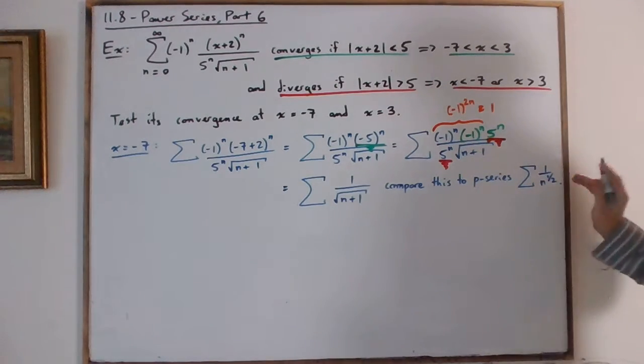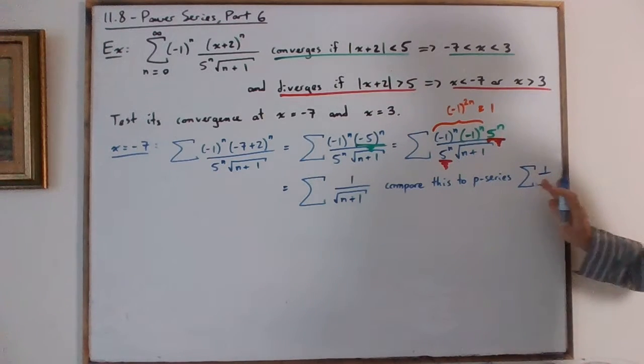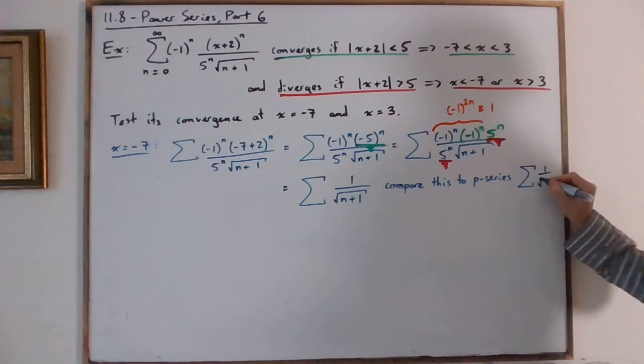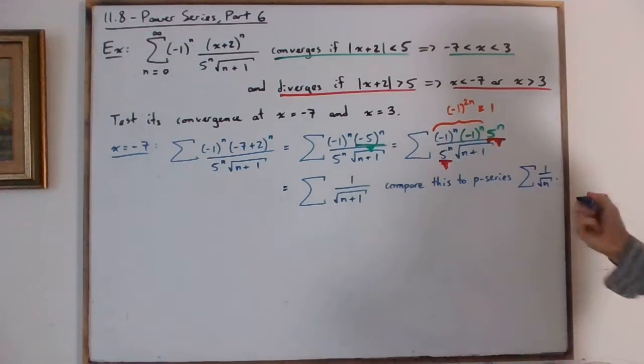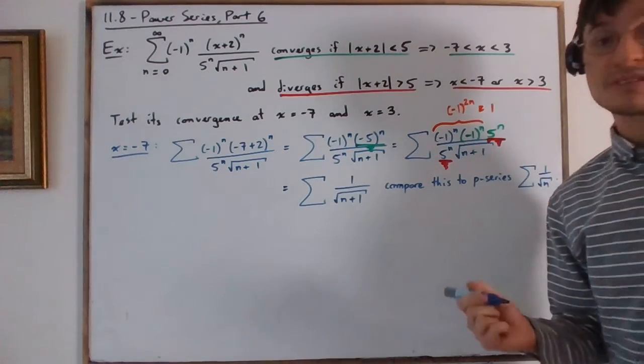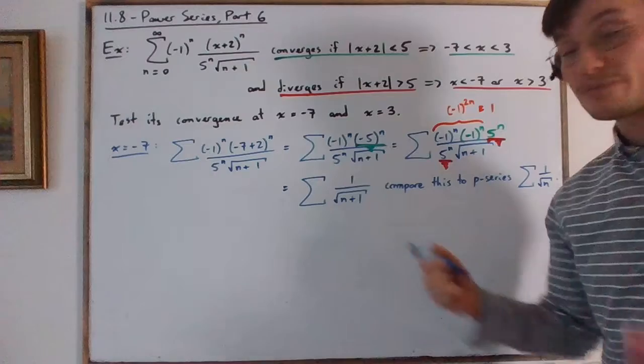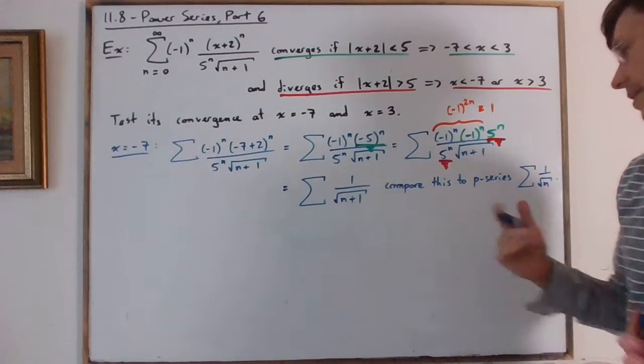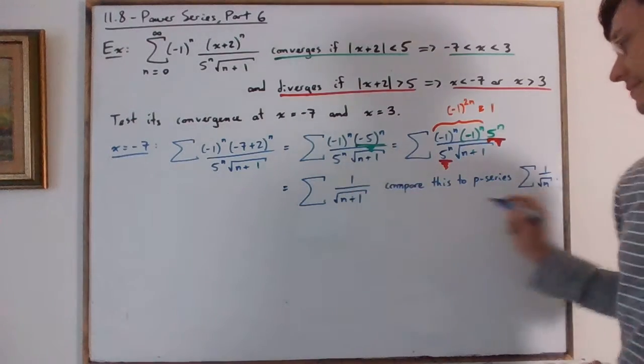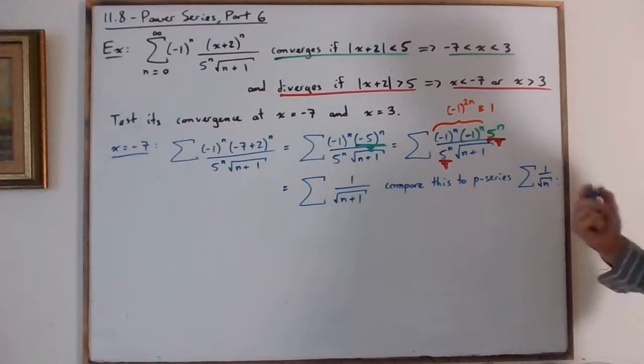This is the appropriate p-series because it has the square root of n at the bottom. Here we have the square root of n plus 1, so the plus 1 is negligible compared to the n. So this should have the same convergence as this.